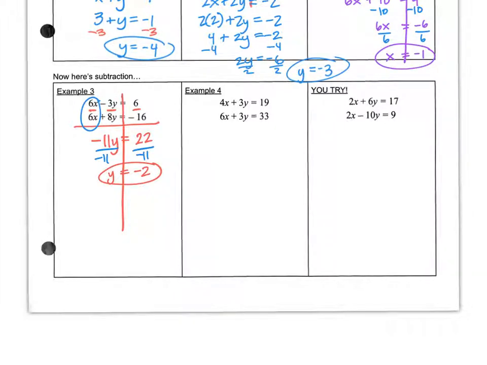We still need to find out what our x is. I'm going to use the first equation, which is 6x minus 3y equals 6. And I get to replace the y. We know y is equal to negative 2. We get 6x minus 3 times negative 2. That equals 6.